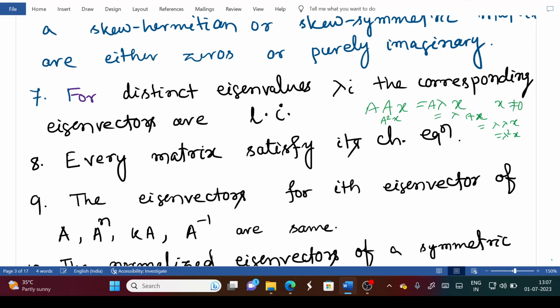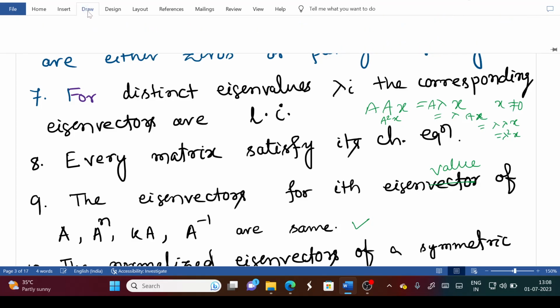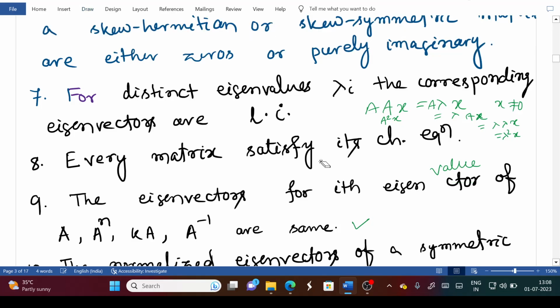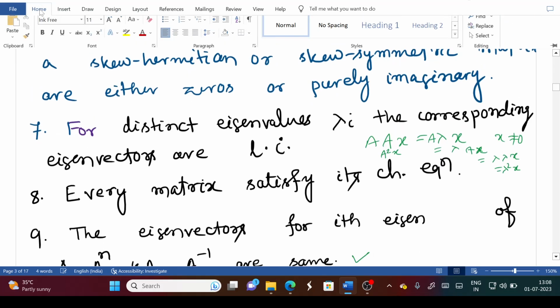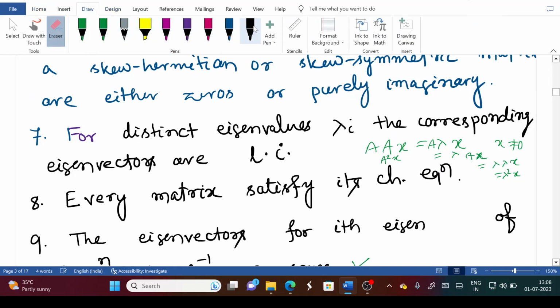So here, property 9: the eigenvectors for the ith eigenvalue, for A, A to the power n, kA, all are the same.